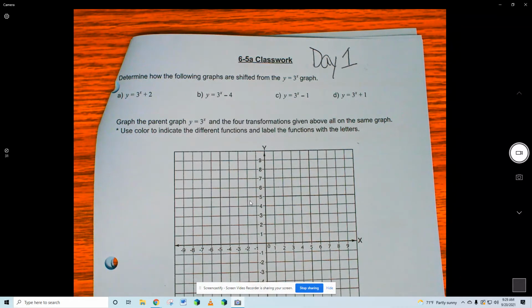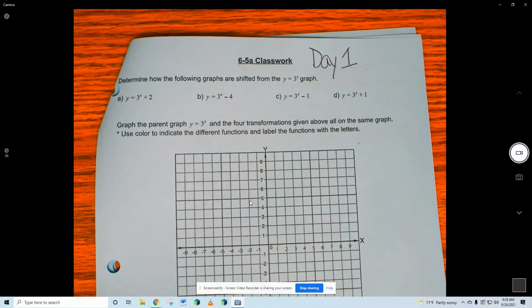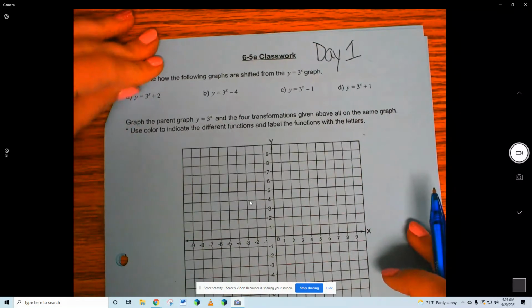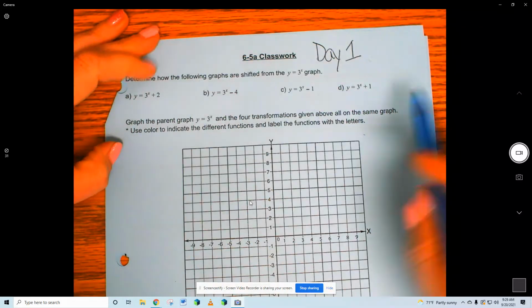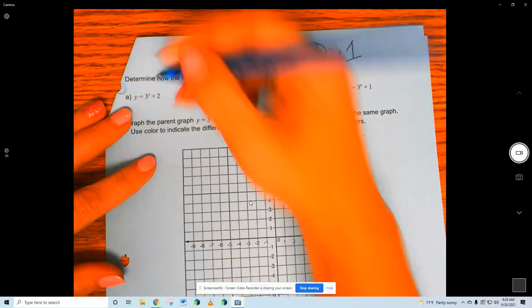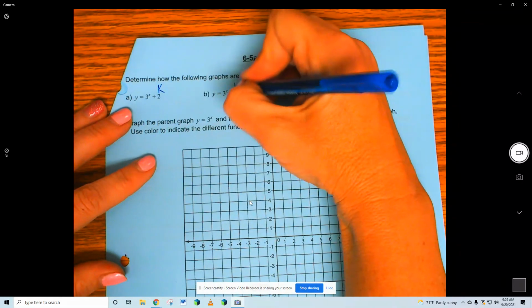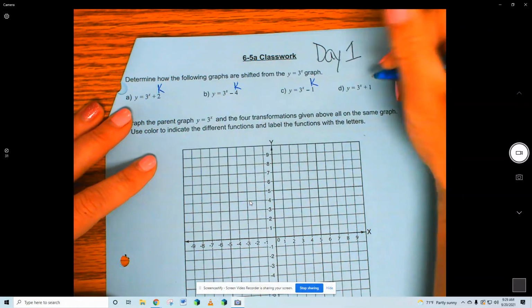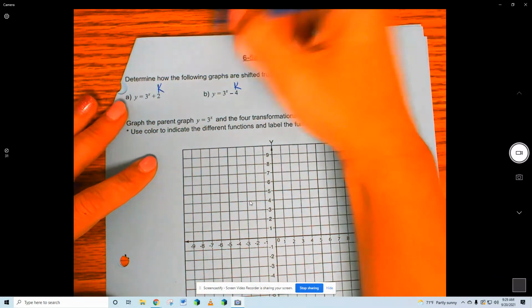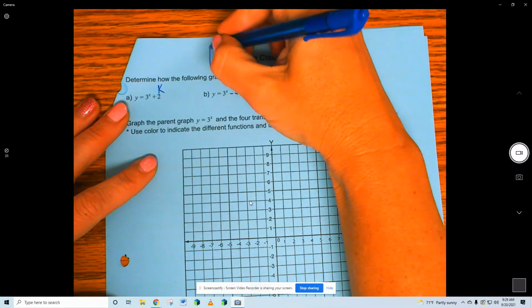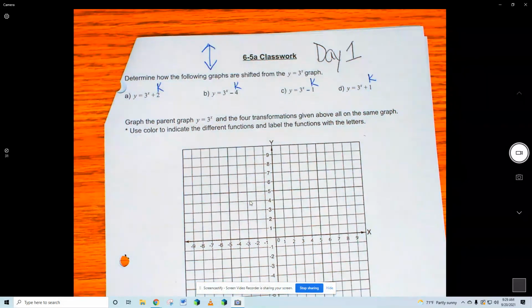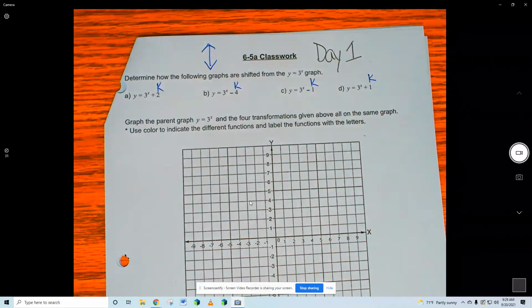And I might as well just do the video and keep recording. Okay. A, B, C, and D. This is a K. All of these mean that I'm going to go up or down. And I do the actual number. There's no changing of sign.